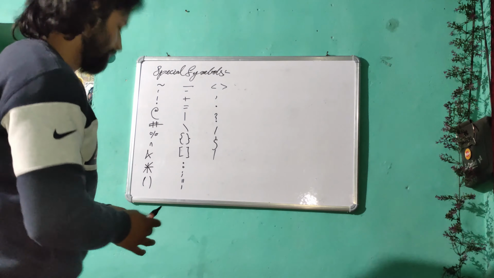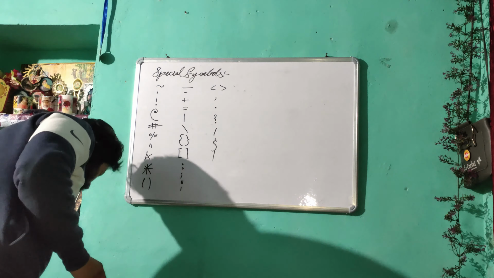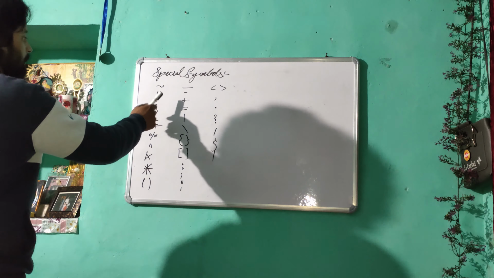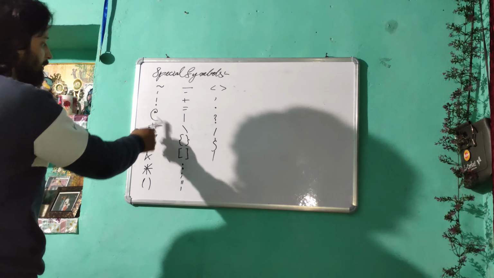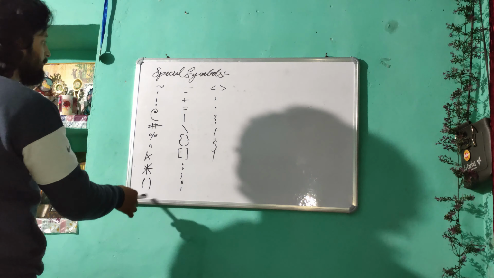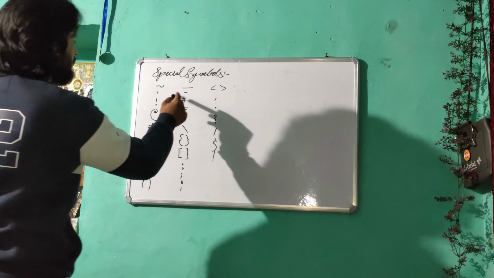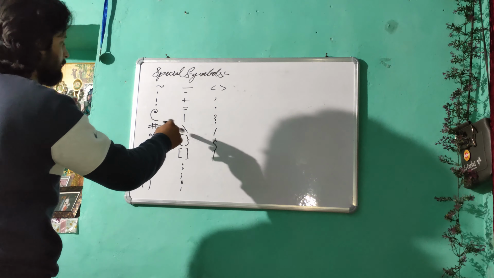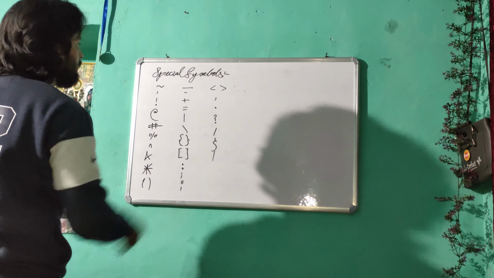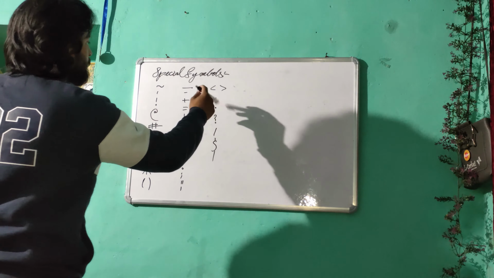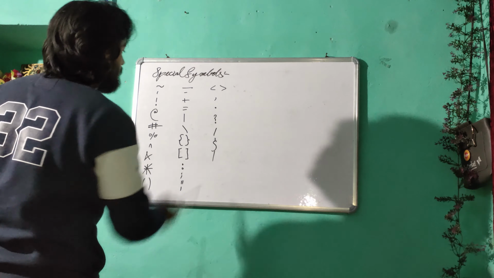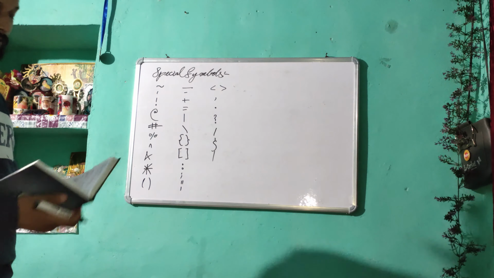Then other special symbols are included in the C character set: tilde, apostrophe, exclamation, at the rate, number sign or hashtag, percentage, caret, ampersand, asterisk, parentheses, underscore, minus, plus, equal to, front slash, curly braces, brackets, semicolon, colon, double quotation mark, single quotation mark, greater than and smaller than, comma, full stop, question mark, backslash, and the dollar sign. These are the special symbols used in C.